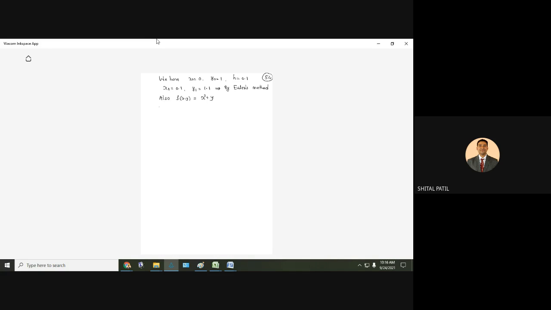Okay, first modification. So f of x naught y naught is required. We already obtained it, but since this is the first example, let me write it once again so that there will be no confusion.